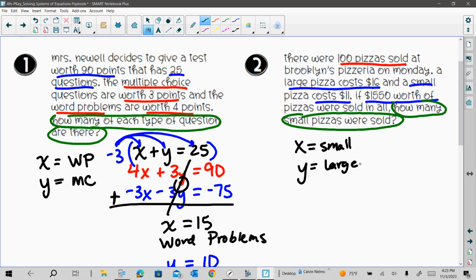So my equation for total sold would just be X plus Y equals 100. And my equation for the worth, the amount of value that was sold, since my small is $11, that's going to be 11x plus my large, which is $16, 16y, equals 1550.